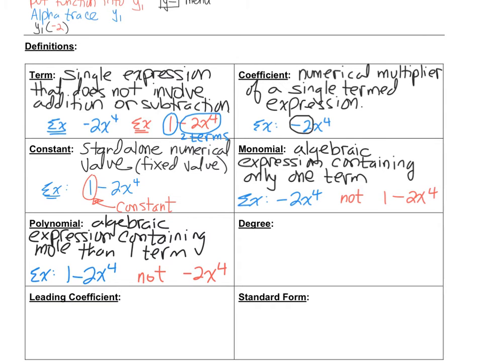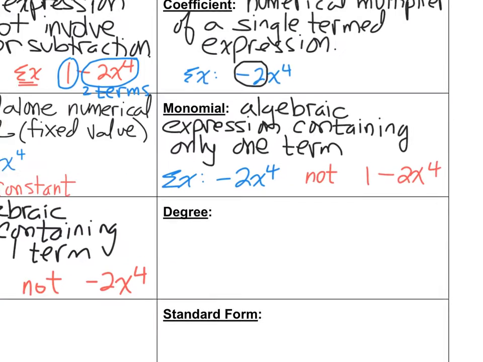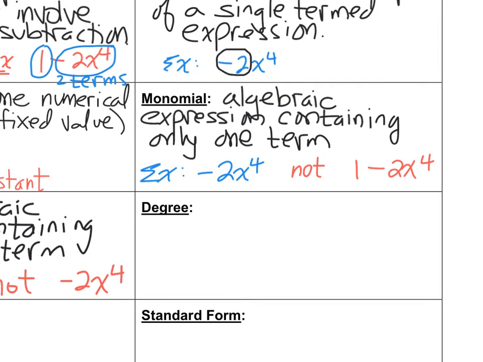All right. Degree. It's one of those words that I kind of wish they had a different one commonly used, because it could mean so many different things. Degree could be a measure of temperature, could be a measure of an angle, and in this context, it's neither of those. It's the highest power in any polynomial.